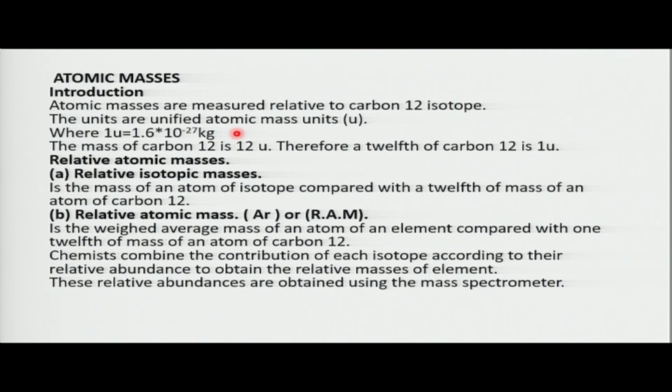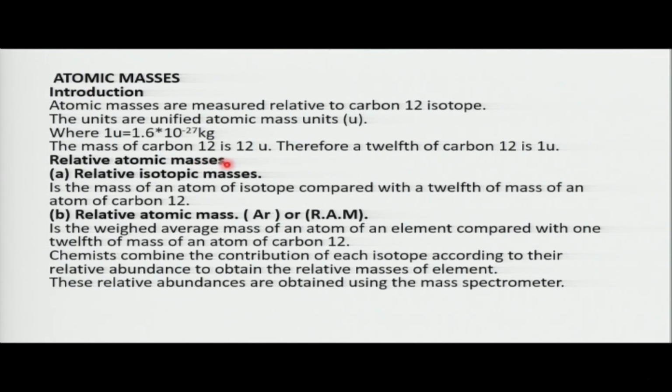The unit is the unified atomic mass unit, or AMU, whereby 1 u or 1 AMU is equal to 1.6 times 10 to the power negative 27 kilograms. So the mass of carbon-12 is equal to 12 u. Therefore, 1/12 of carbon-12 is 1 u. Okay, that is just theory. We may not use it now, but it's good when you know it.